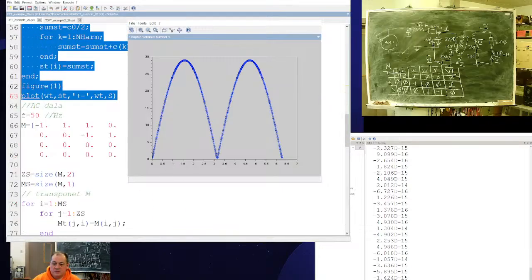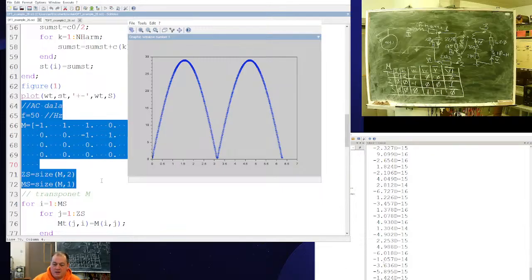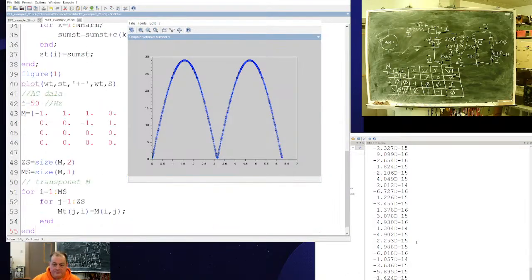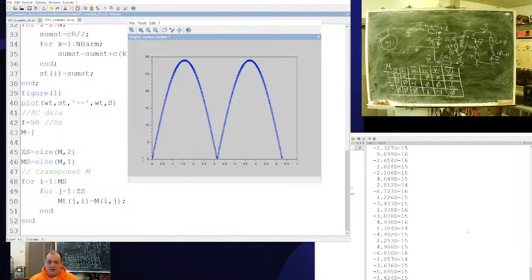Can I steal something from here? Oh, I can steal the size. I can steal this part. I only need to erase this one and write my own.